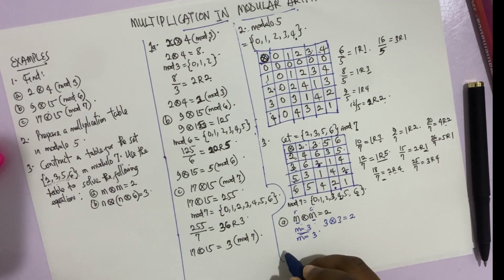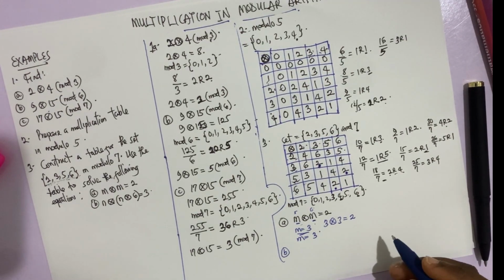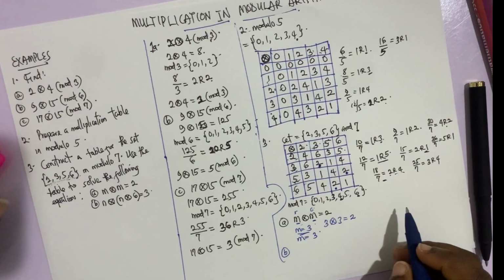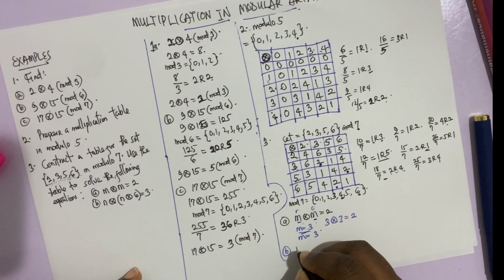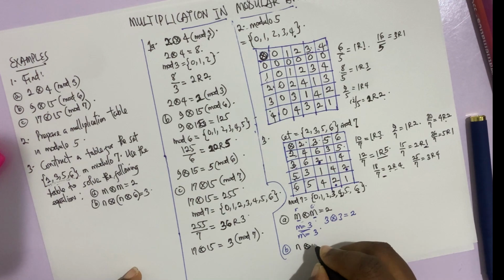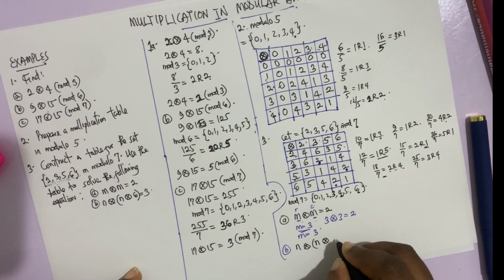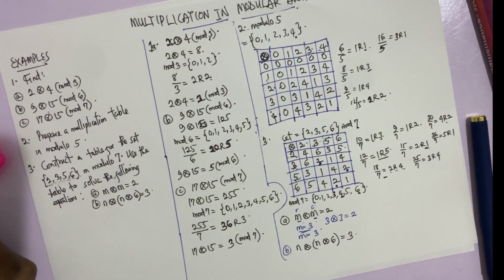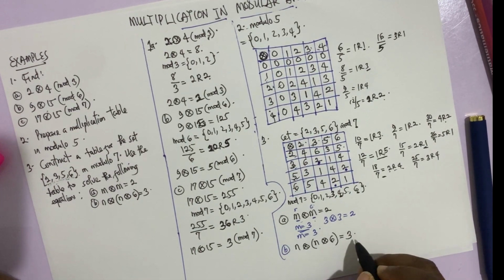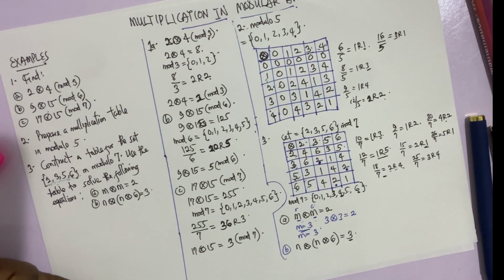Now for the other question, B. We are told that n times, in bracket, n times 6 would give us 3. So the first thing we need to know is what are the values of 3 in our table?